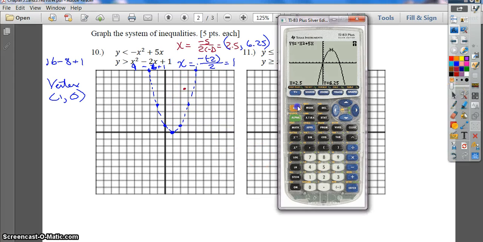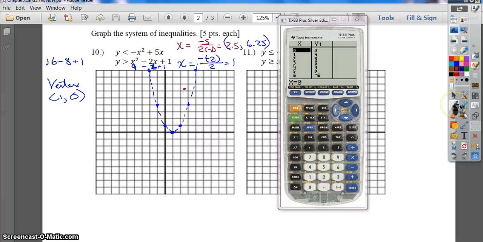Okay, let me get the rest of my points now. Using this chart, 2, 6, 3, 6, 1, 4. 4, 4, 5, 0, 0, 0, 6 down 6, so 2, 4, 6, and mirror it up. So this guy is going to be dashed also.